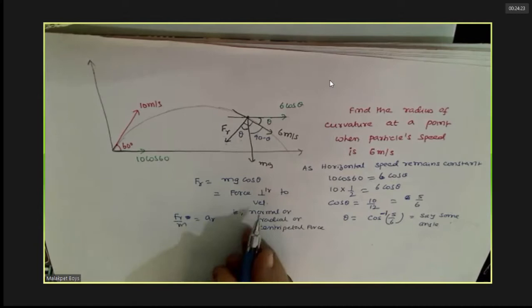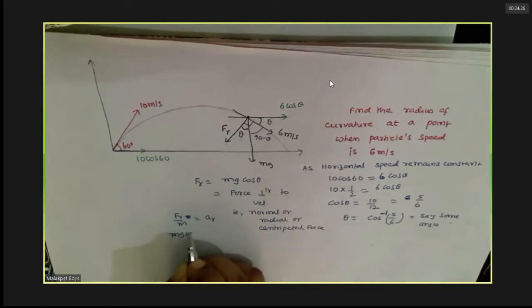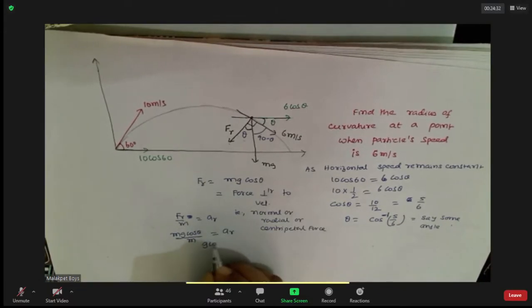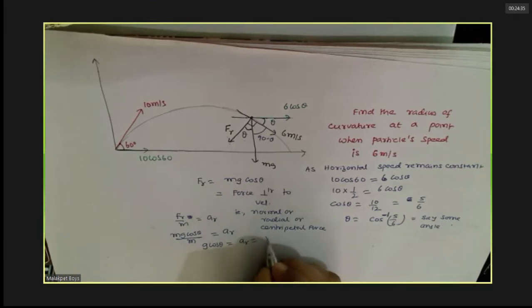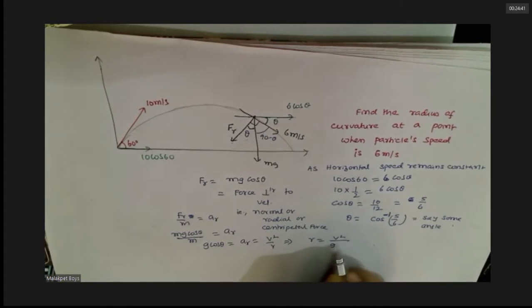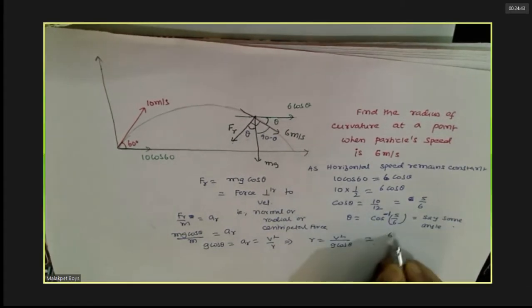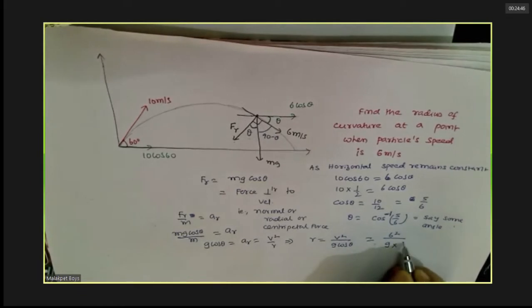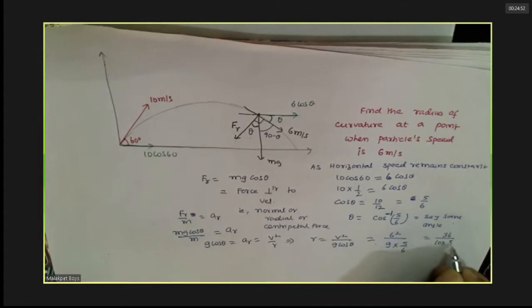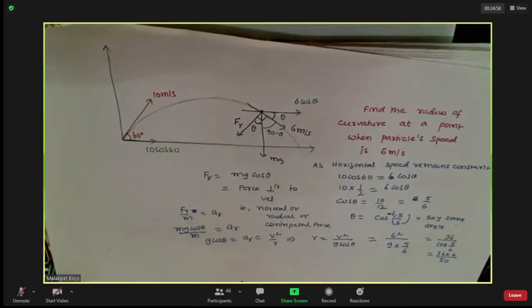Fr by m is mg cos theta by m, so g cos theta is AR. This is v square by R. What is V? 6. So R is 6 square by g cos theta. Understood this? This is the radius of curvature.